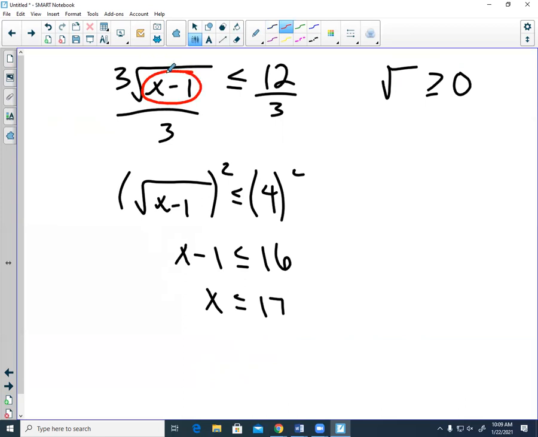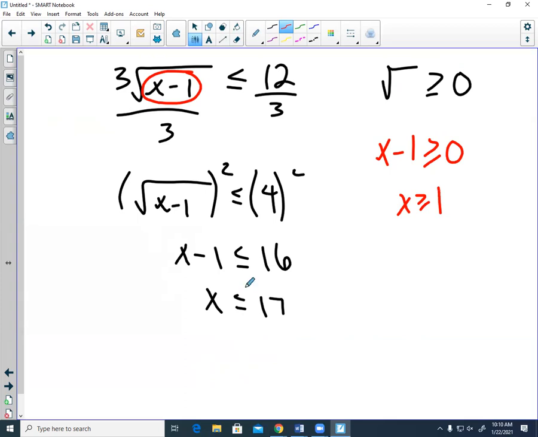That part has to be greater than or equal to 0, because then I can take the square root of it, no problem. So I'm just going to put what's inside, called the radicand, and make that greater than or equal to 0. Whatever is inside the radical just has to be greater than or equal to 0, and it gives you another inequality to solve. And then you can just solve that inequality, so x is greater than or equal to 1.